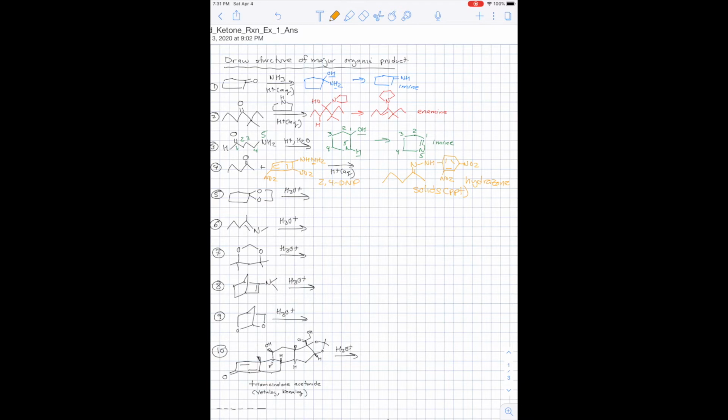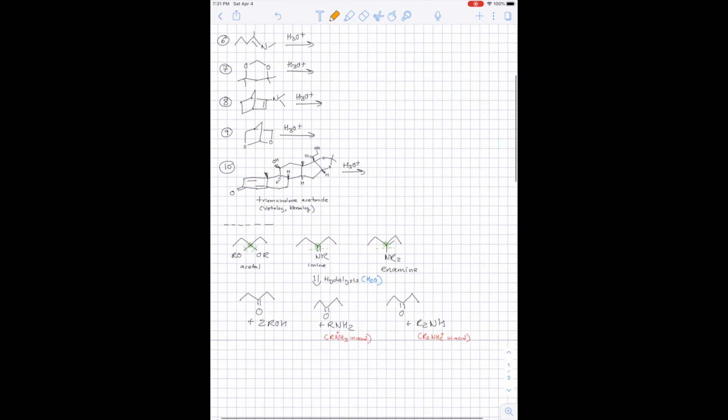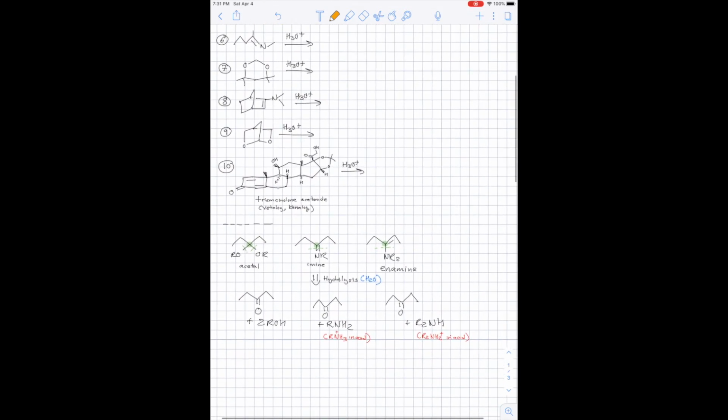So the next group of these all involve hydrolysis of acetals, enamines, imines, and so on. And so it's helpful to take a look at what happens here when it stops bouncing around. And so in these examples, I've highlighted in green the former carbonyl carbon.